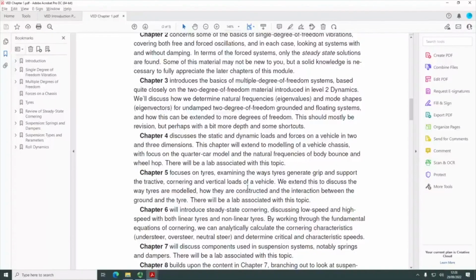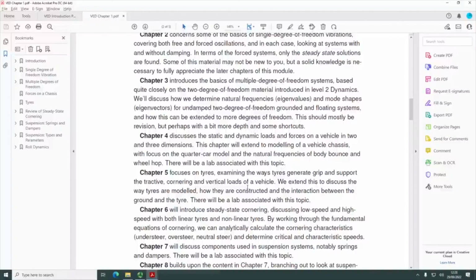Chapter 6, like I said, is going to be 2 weeks, looking at steady-state cornering, high and low speed. The way that the vehicle generates cornering grip in high and low speed is quite different. We'll start off with very straightforward linear tyres, and then start looking at non-linear tyres and how they differ. Then, working through the fundamental equations of cornering, we can identify what cornering characteristic the vehicle has, whether it's likely to tend to understeer, or tend to oversteer, or be neutral steer.